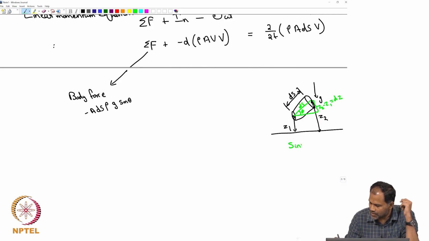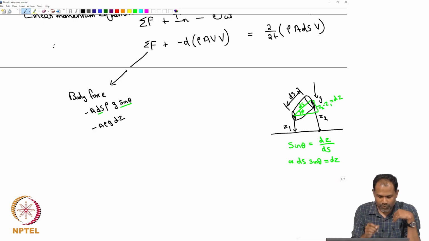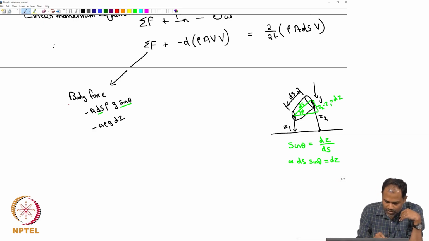Then sin theta is equal to dz divided by ds, or ds sin theta is simply dz. So, I can use that ds sin theta here and write this as minus rho g times dz. So, that is what the body force is.